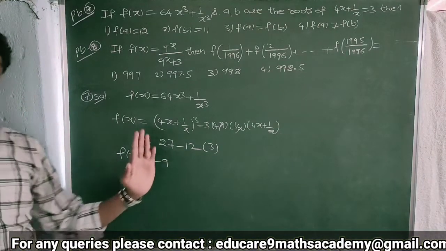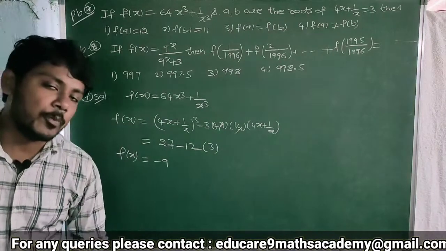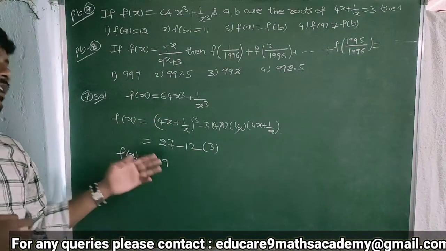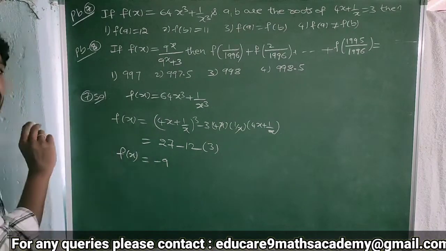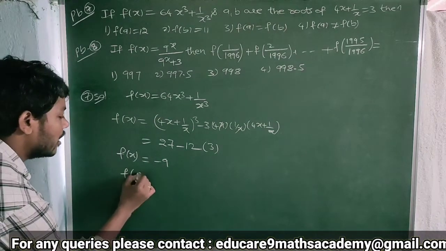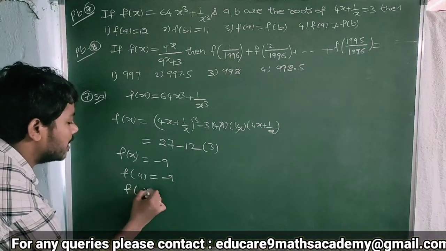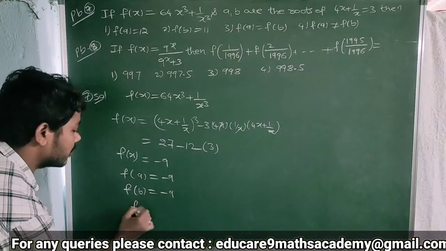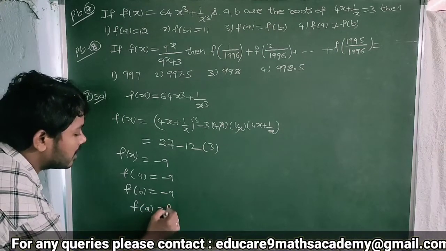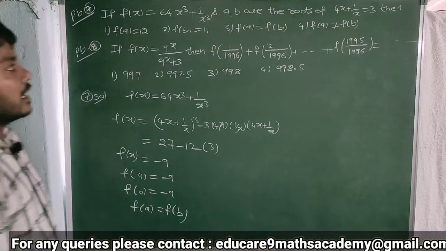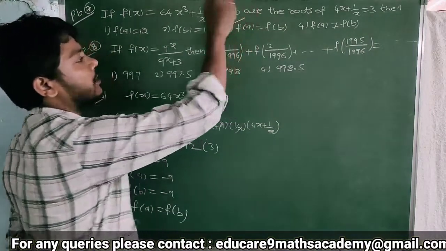So clearly this is a constant value. If you put any value of x, the outcome does not change because it is constant. Therefore f of a is equal to minus 9, f of b is equal to minus 9. So from this, f of a is equal to f of b. So clearly option number 3.